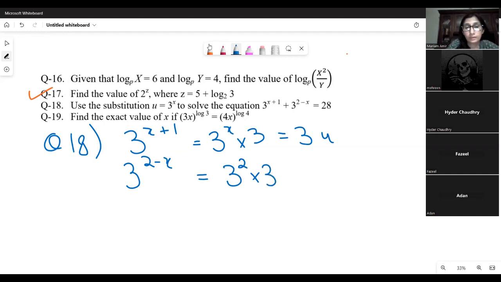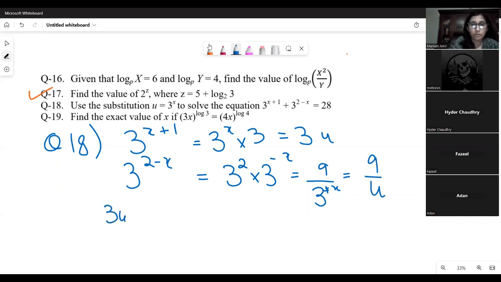This becomes 3 squared times 3 power minus x. So it is 9 upon 3 power x. So that is 9 upon u. Okay. So now we're going to write 3u plus 9 upon u equals 28.